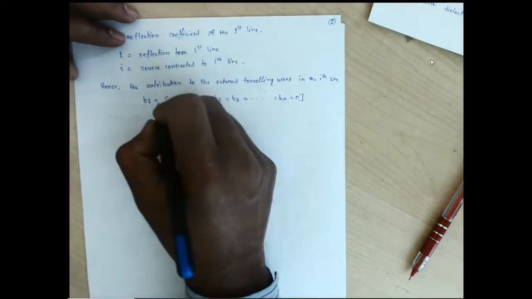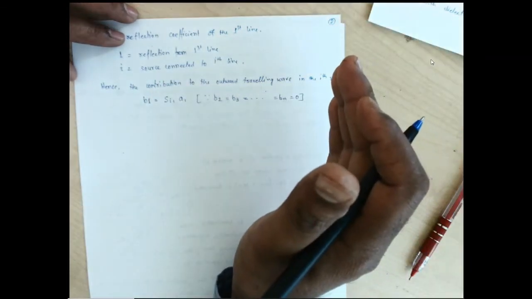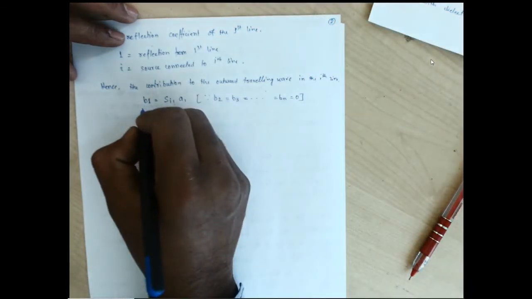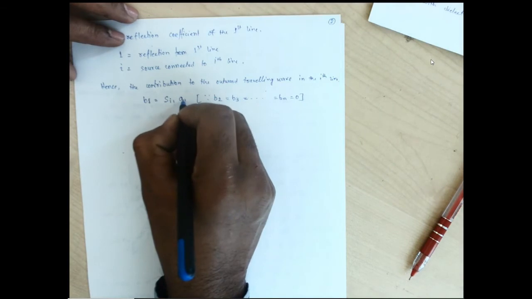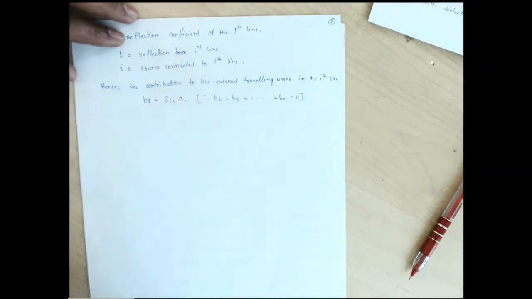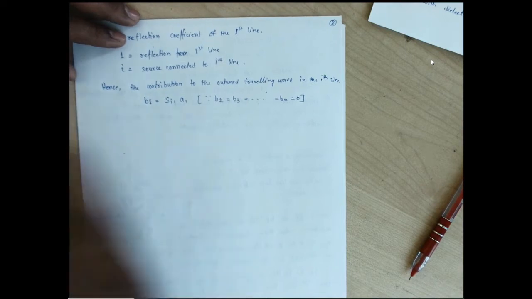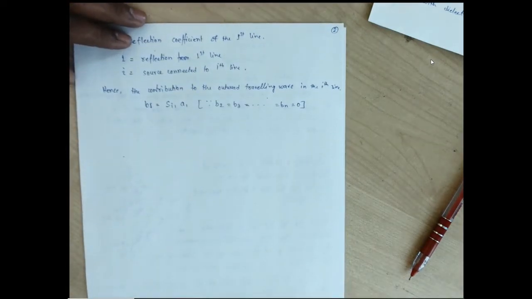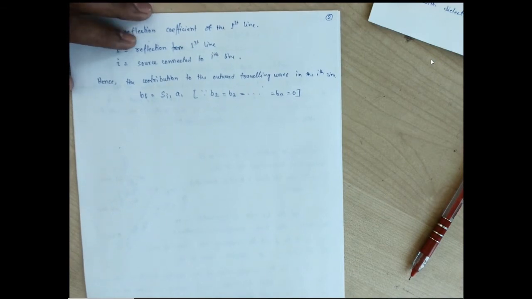This is the outward travelling wave contribution in the ith line, because B1 is the reflected signal coming back to the junction again. So yes, this is the contribution to the total outward travelling wave.